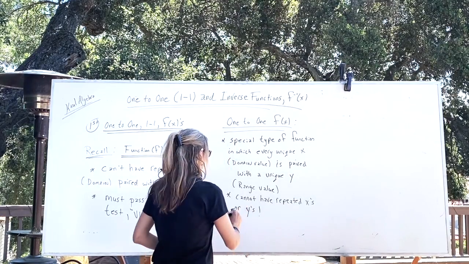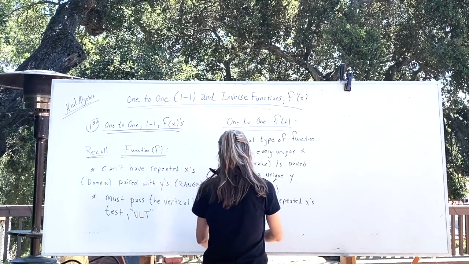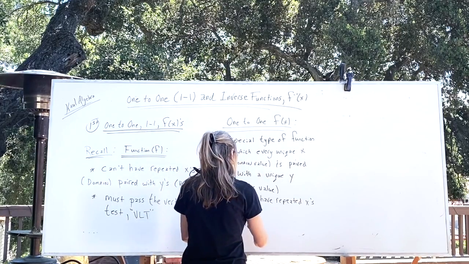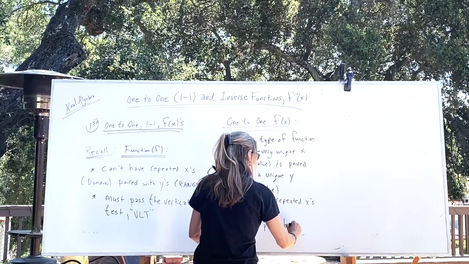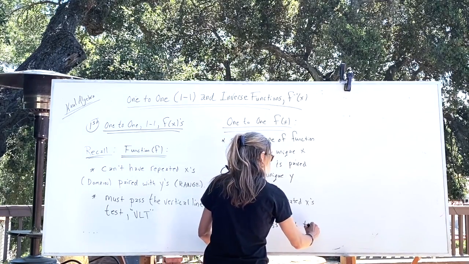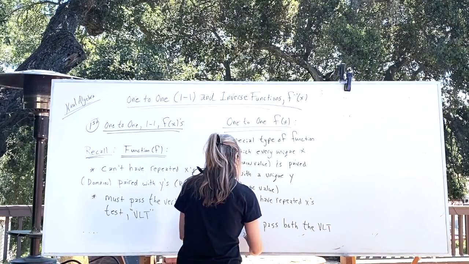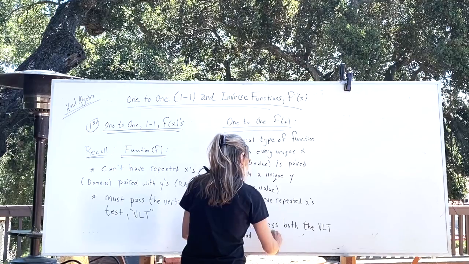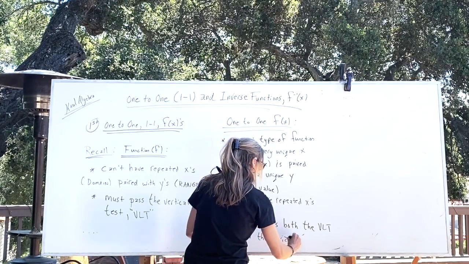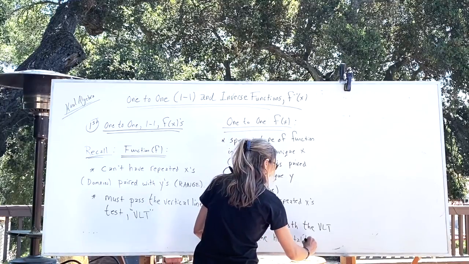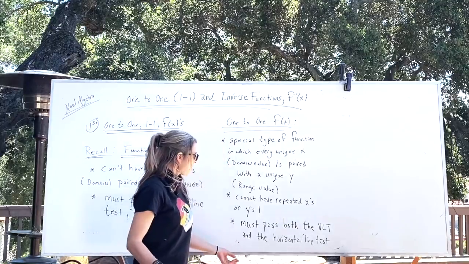So what we also say for a one-to-one function is that it must pass both the vertical line test and the horizontal line test, which I'll denote by HLT.